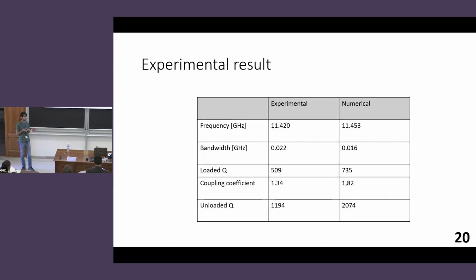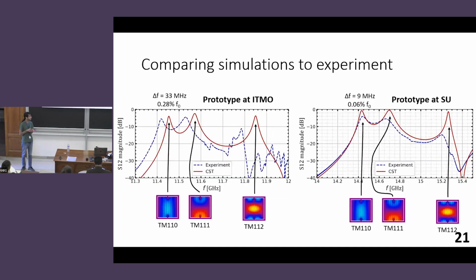So we are able to get a quality factor of an order of 1,000. And that seemed consistent between the two prototypes that we did at ITMO and at Stockholm University, where another part of the Alpha Consortium is also based.